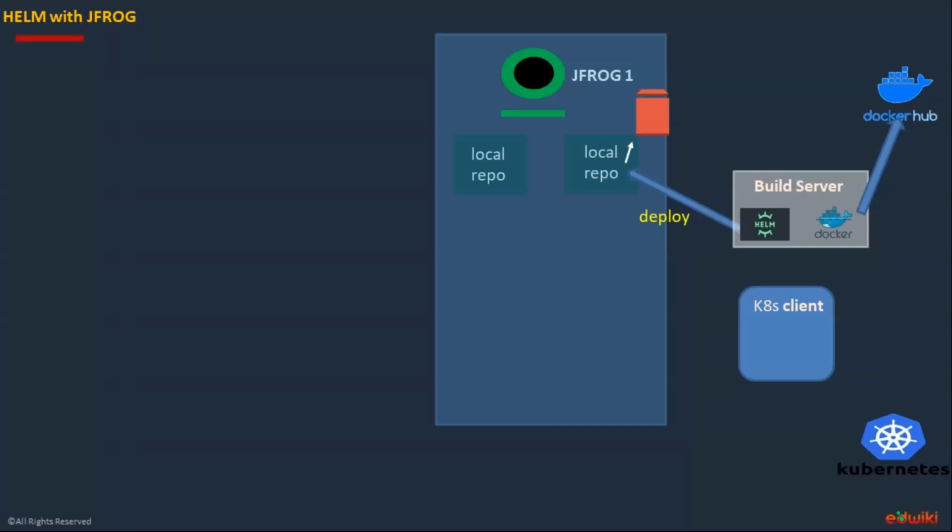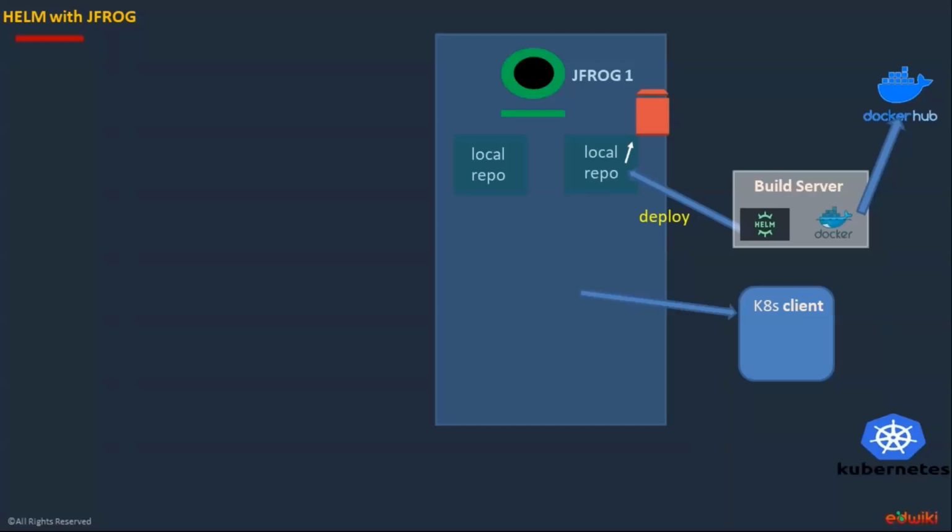It can be your local machine as well. Don't get confused. Any Kubernetes client wherever kubectl is currently installed and having access to Kubernetes, right? So go to the Kubernetes client, and in the Kubernetes client, you need to download the Helm chart from the JFrog, and for that Helm chart you need to run a command and install it into Kubernetes, correct? Are we good with this?